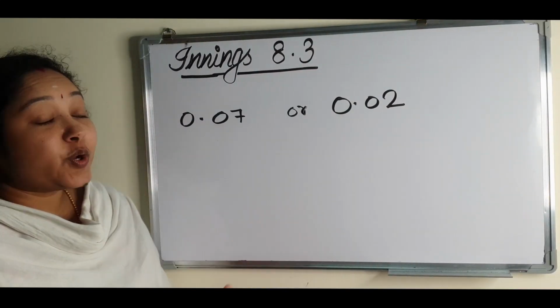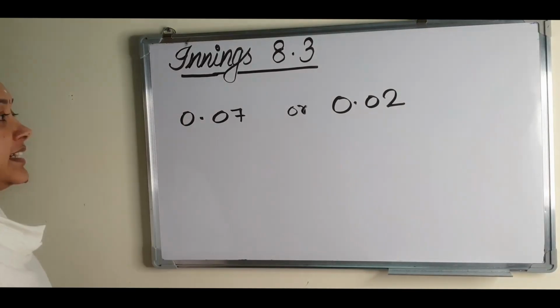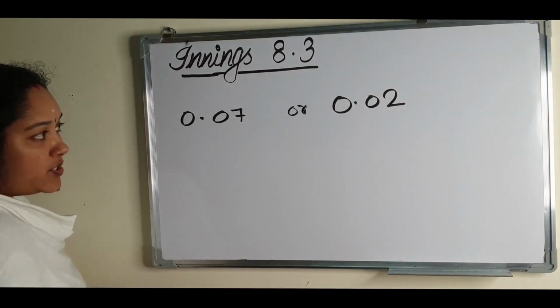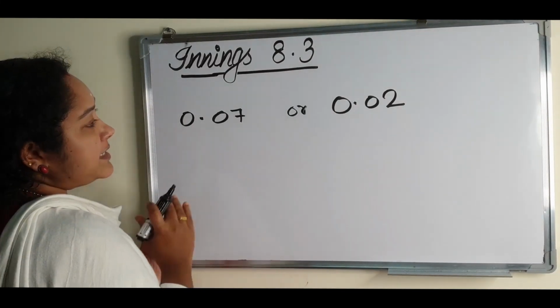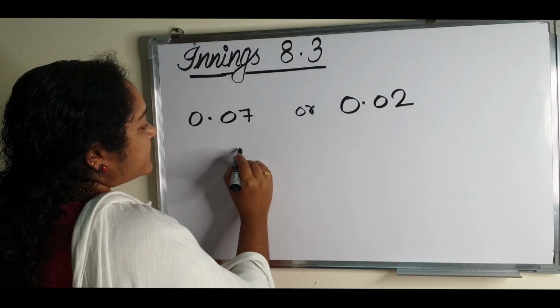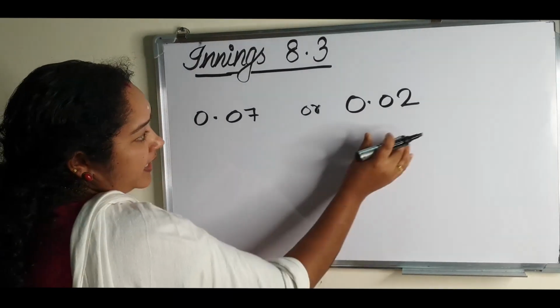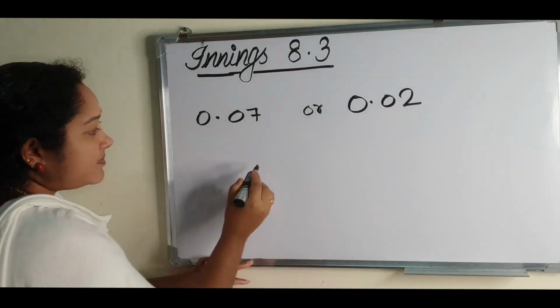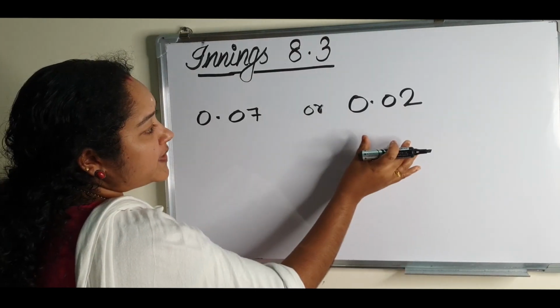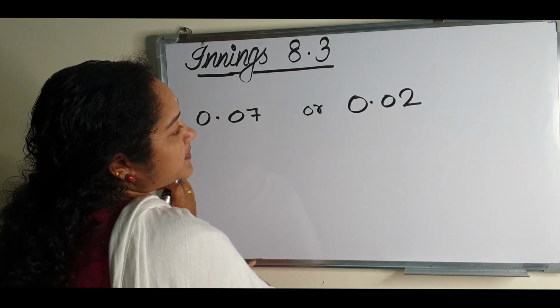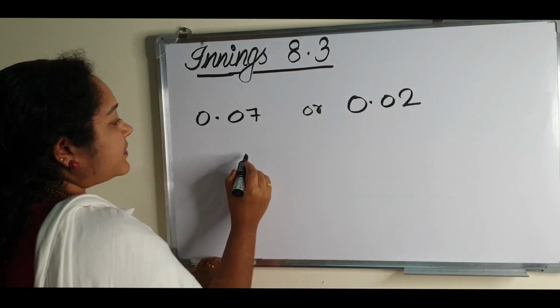Next question is 0.07 or 0.02. Here the whole part is 0, so we compare the fractional part. The fractional part is 0.07 and 0.02. The place value of both decimals is equal.